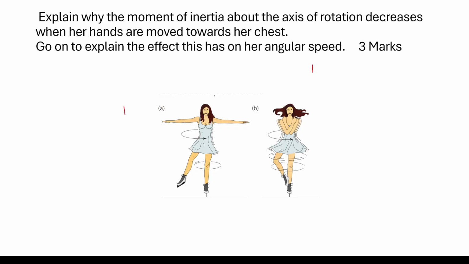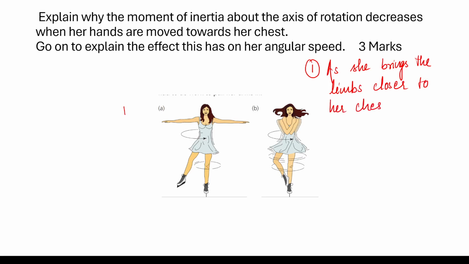Point number 1, as she brings the limbs closer to her chest, I decreases because mass is now distributed closer.